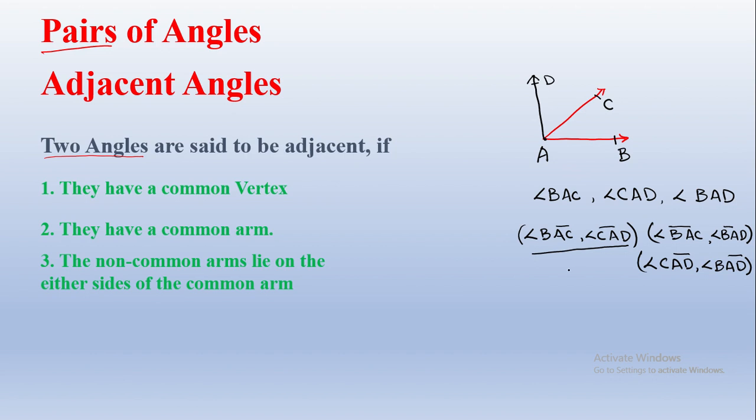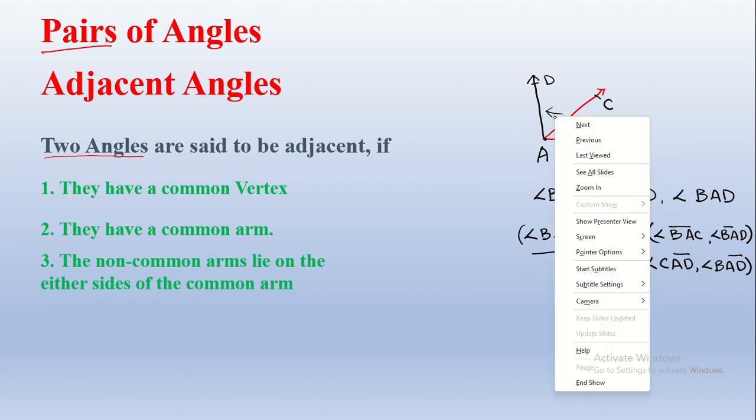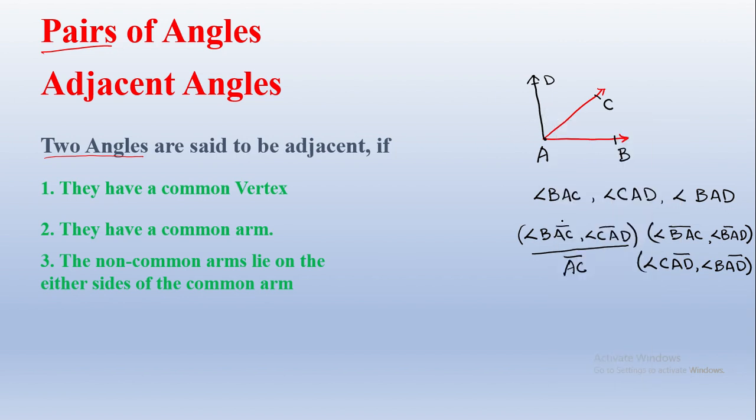If we take the first pair, the common arm is AC and the non-common arms are lying on different sides. Here, AB is lying on one side and the other non-common arm AD is lying on the other side of this common arm. So this pair, angle BAC and CAD, we can call an adjacent pair of angles.